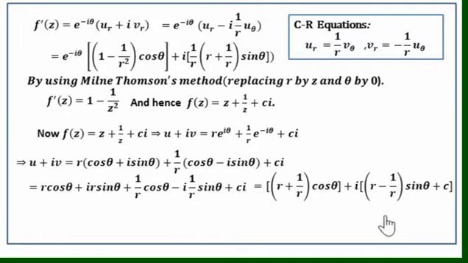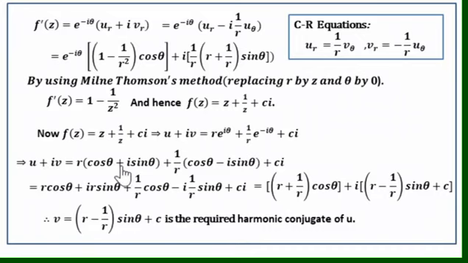Now we can equate the real and imaginary parts on both sides. So the harmonic conjugate v is the imaginary part, which on the right hand side is r minus 1 by r sin theta plus c. This is the required harmonic conjugate.